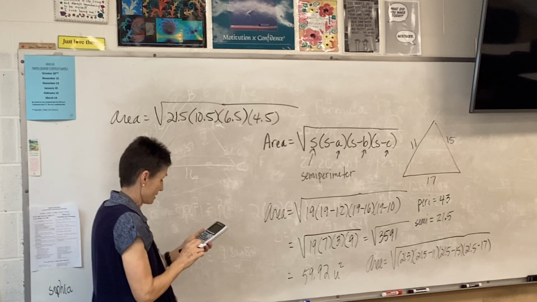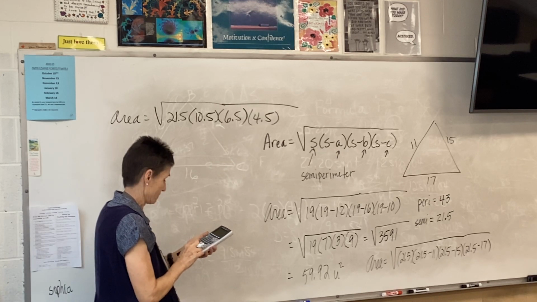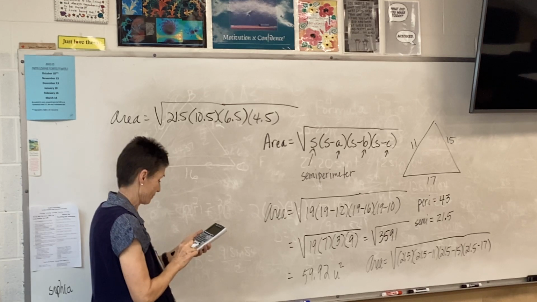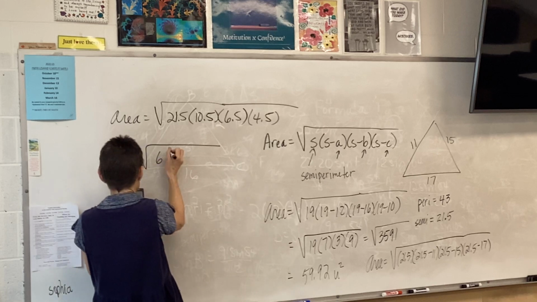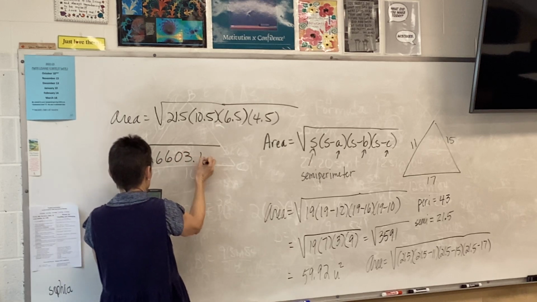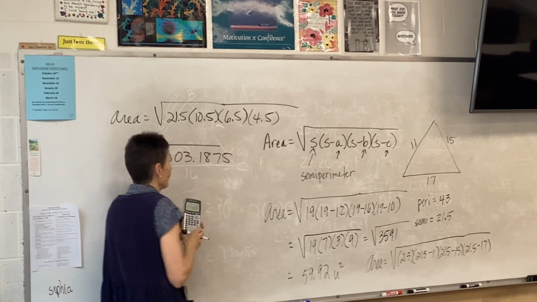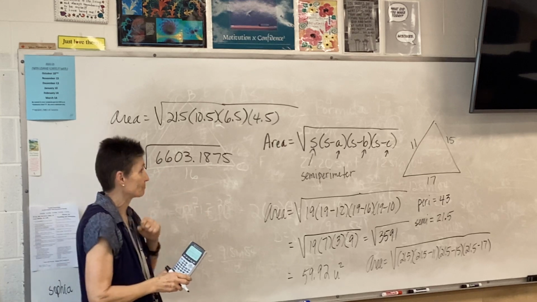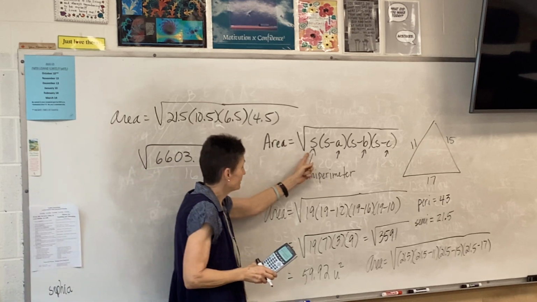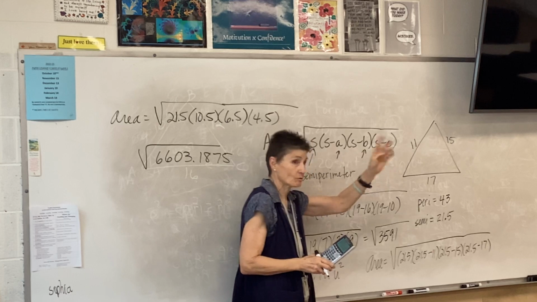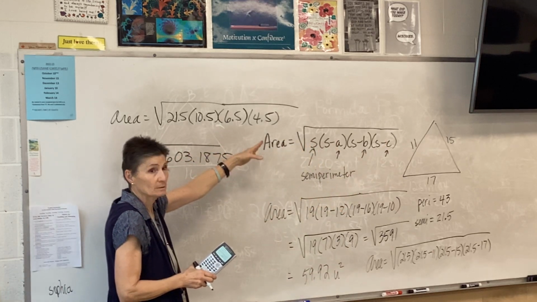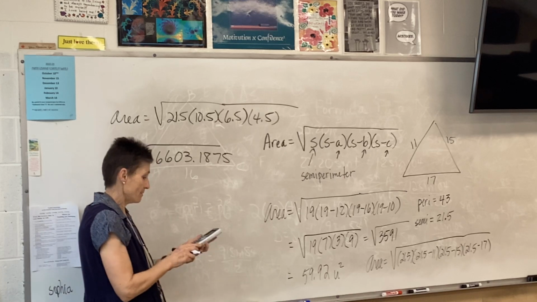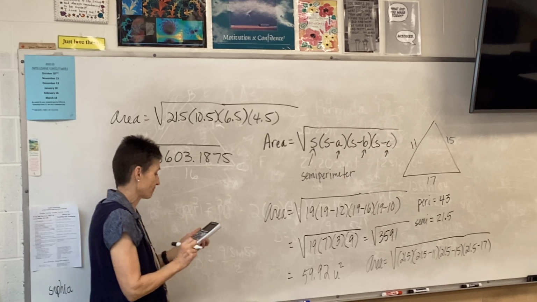And this time I get 6603.1875 when I multiply S times S minus each side. So there's 4 numbers under there. Got to have 4 numbers under that radical. And then I'll square root that.